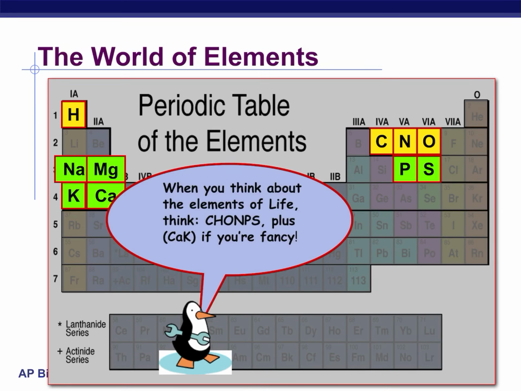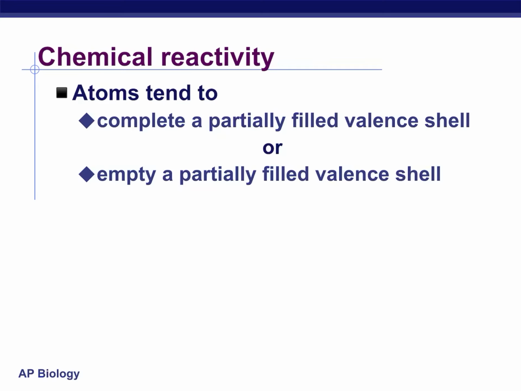If you want an easier way to remember this, you can think CHOMPS. That's a good acronym to remember which of these are most important for biology. Remember that when we look at atoms on the periodic table, atoms want to fill their valence shells.